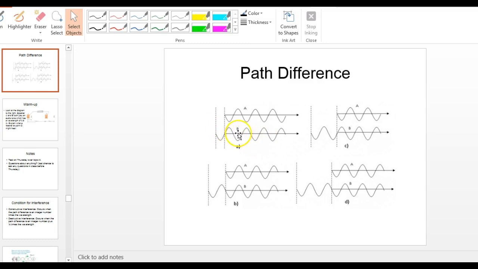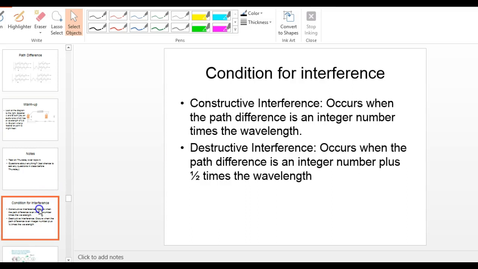So this wave right here has a path difference, and if you look at that, you see a trough, and that is half of a wavelength. And if you look here, you have 1.5 wavelength path difference, 1 wavelength path difference, and let's see, 2 wavelength path difference.